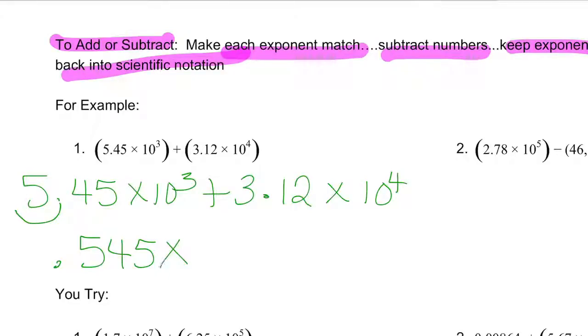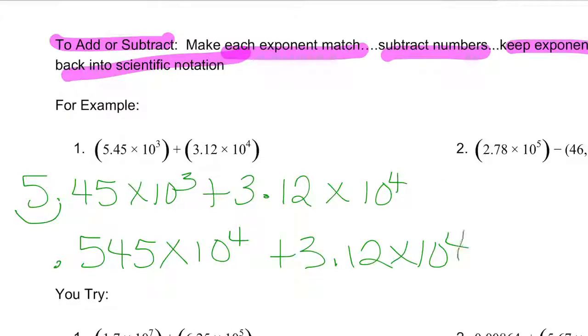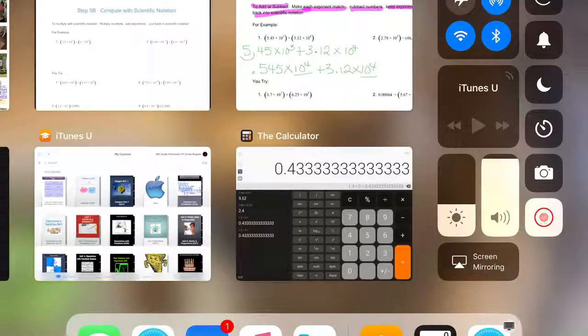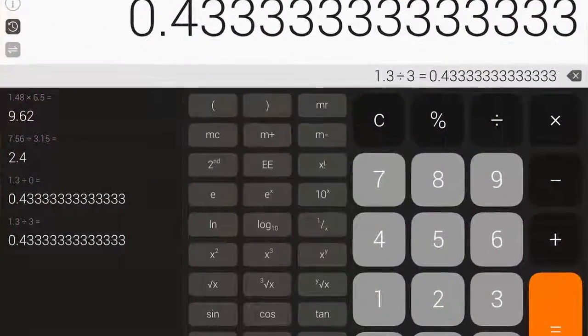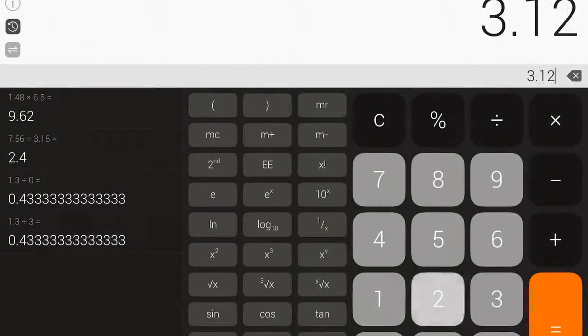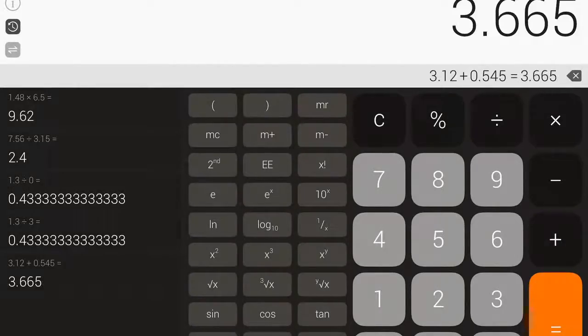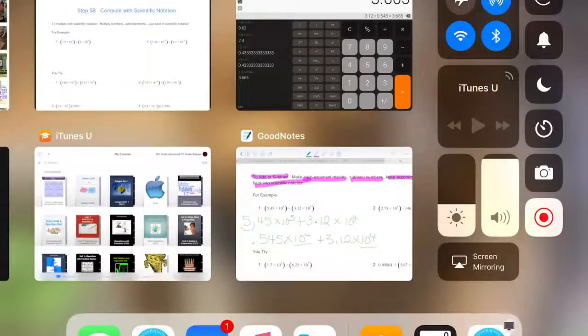0.545 times 10 to the fourth, okay, plus 3.12 times 10 to the fourth. Then we can add, because these are like terms. This is a little bit confusing, so if you're getting confused, make sure to ask for some more clarification. Okay, but we would do 3.12 plus 0.545 equals 3.665.